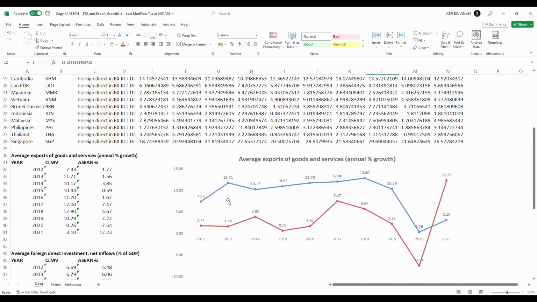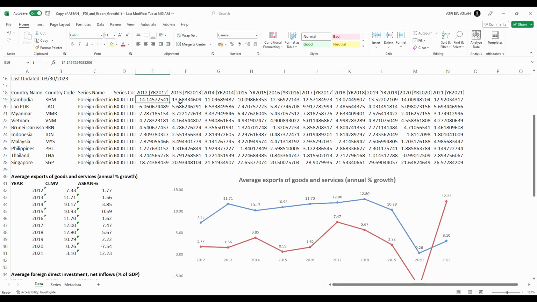How is that? Because we can see Cambodia drags the CLMV value to be higher than ASEAN 6. But Singapore's value cannot maintain its high value because there are more countries in ASEAN 6 as compared to CLMV.